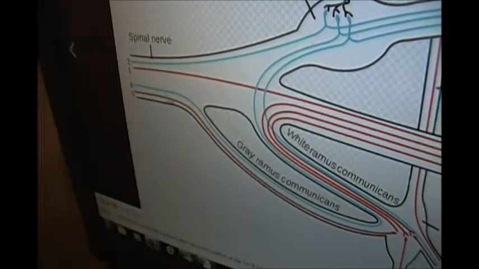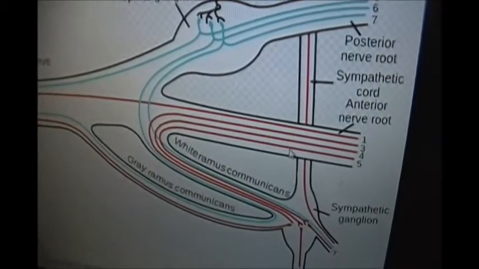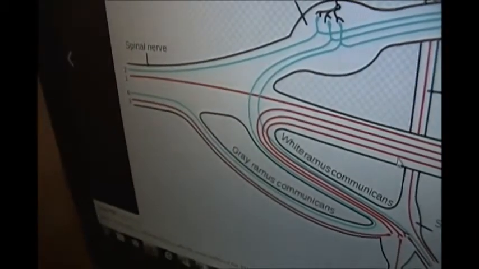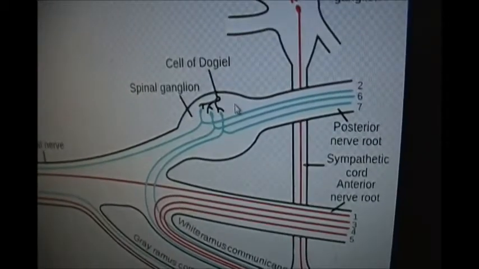This is the afferent. If you follow the cursor, it goes from here to the sympathetic side. Similarly, the blue one is the sensory sympathetic, and if you follow it, it goes here and joins the posterior or dorsal root.